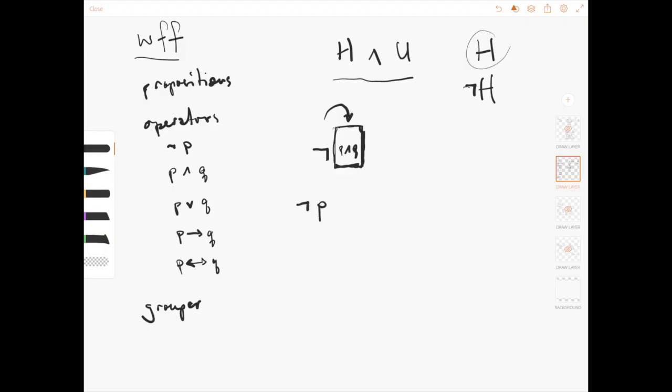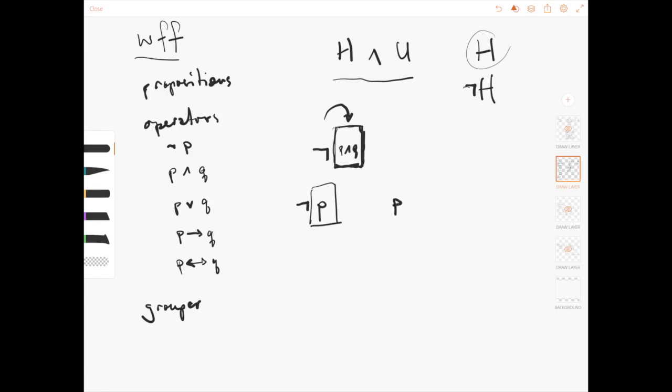Why is it a well-formed formula? Because P is a well-formed formula because it's a propositional variable. And not P is a well-formed formula because not is being used correctly, which means not applies to whatever is in the slot or the box on its right. This is also a well-formed formula.